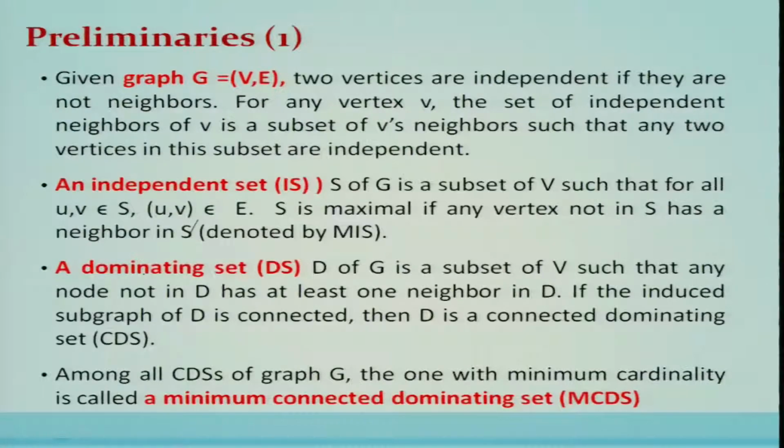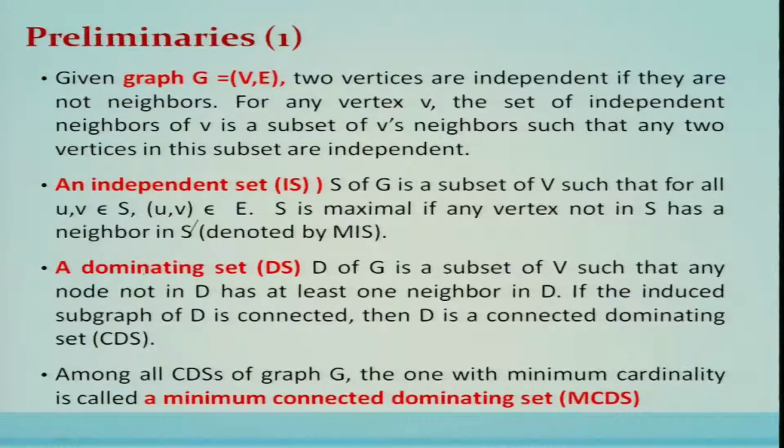Now let us go ahead with the preliminaries of the graph formed out of the unit disks, which is called a unit disk graph. Some of the preliminaries we are going to see from a graph theoretic point of view. Why? Because the footprint of the ad hoc network or the sensor network becomes a graph. So let us see what properties this graph has. Let us take the preliminaries. Let graph G be given.